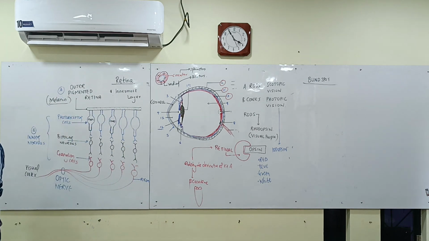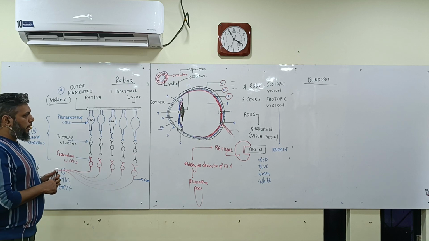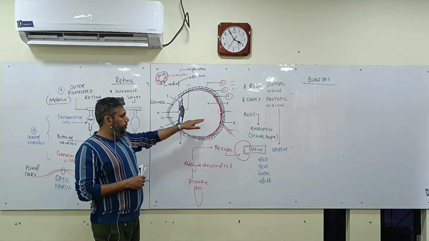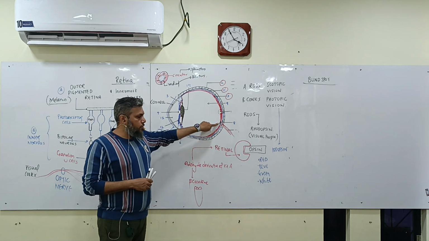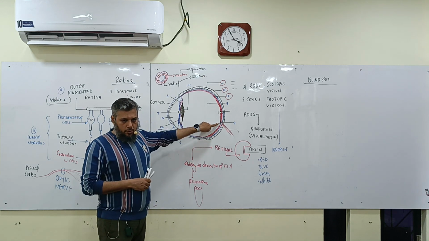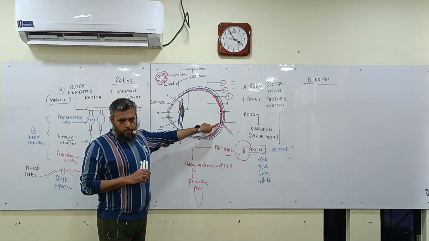There, near to the exact posterior pole, I see that there is a region where there are no rods, no cones. Okay?